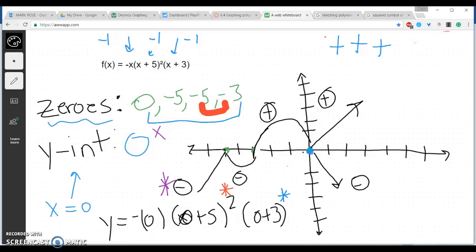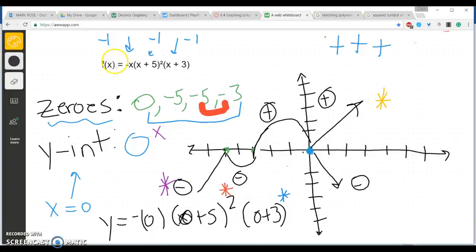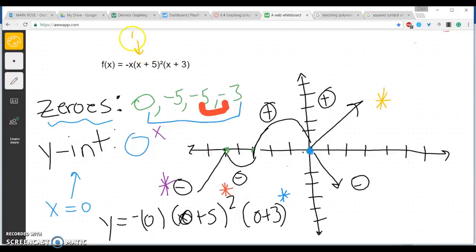So now we just have one last thing to decide, which would be this back here. So it's what happens after we get to 0. So I'm going to pick a number that's after 0. So let's pick 1 this time and decide what's going to get erased. So when I plug in 1, that'll give me a negative.